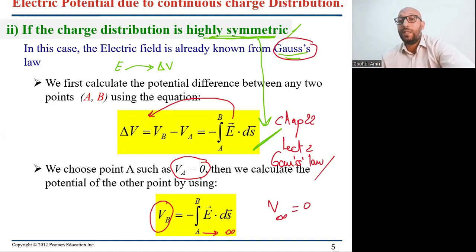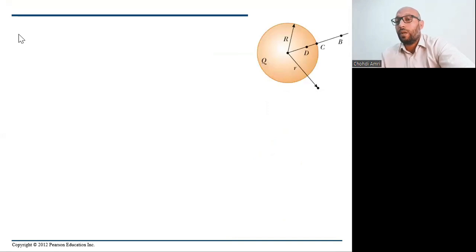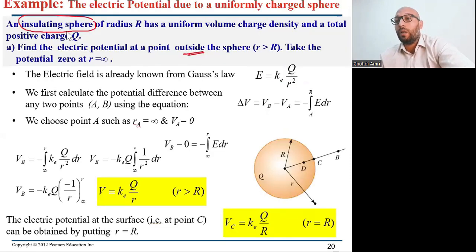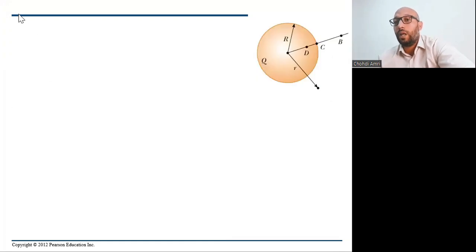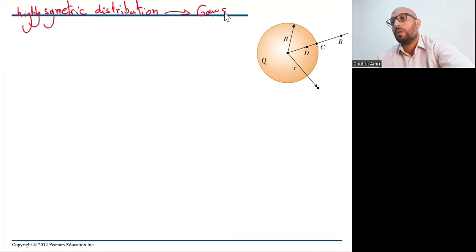The sphere is highly symmetric. The volume charge distribution of the sphere is highly symmetric. So we're going to use Gauss's law to get the electric field, and then we will get the electric potential.